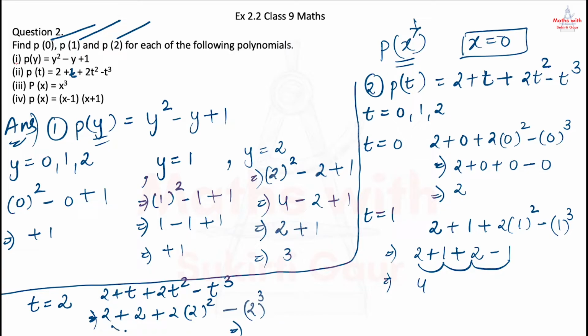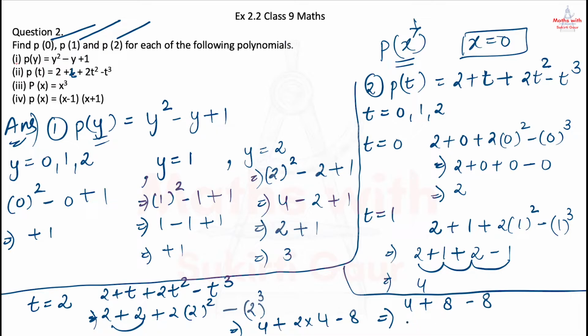So the first two terms, 2 plus 2 gives us 4 plus 2 into 2 square is 4 minus 2 cube is 8. 4 plus 2 into 4 will give us 8 minus 8. 4 plus 8 is 12 minus 8. 12 minus 8 will give us 4. So the second polynomial at t equals to 2 will be giving us 4.